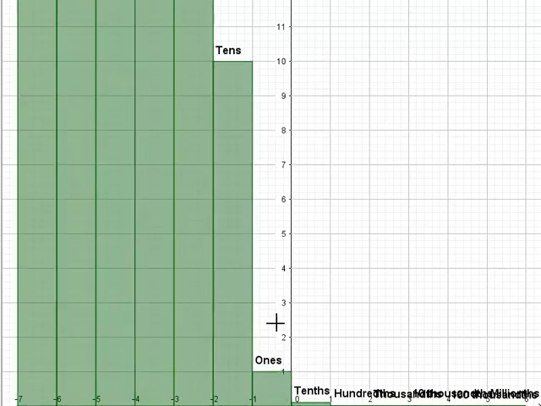So if you have a 1 in the ones place, this little bar right here shows you how big a number that is. This is 1. And notice on the scale this says 1, 2, 3, 4, 5, 6, 7, 8, 9, 10. And so you go over to the second column, and this shows how big the 10 is. The 10s is 10 times as big.